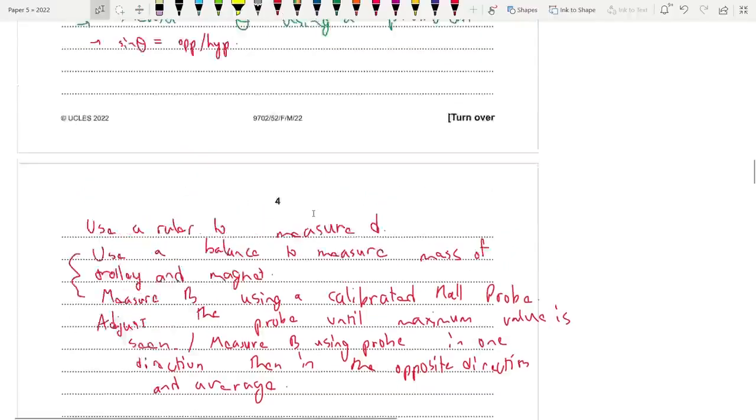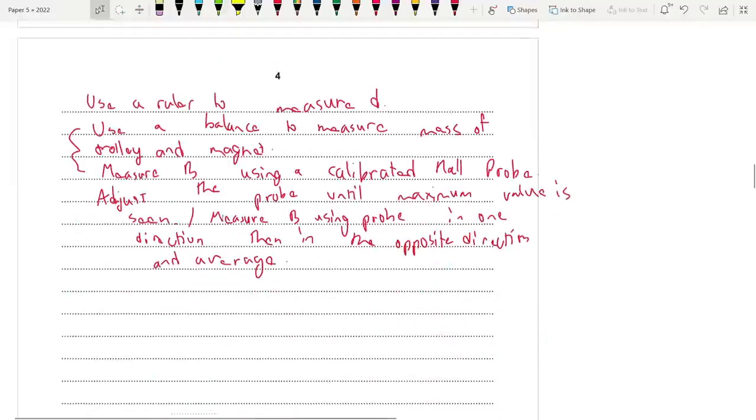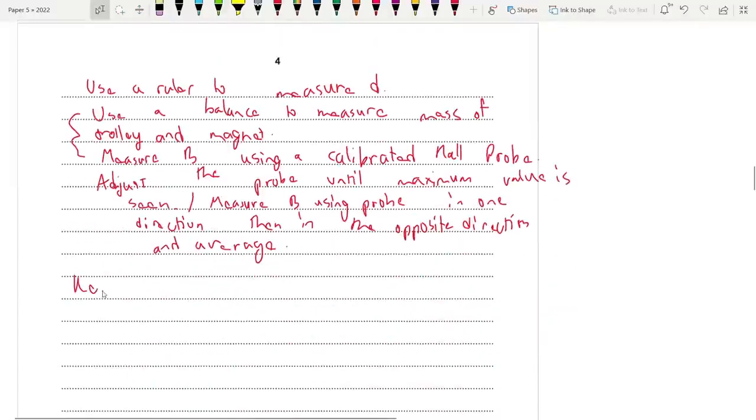Okay, so we also need to ensure that D is kept constant, right? How can we do that? We can actually mark a distance D on the sheet, right? Or the starting position of the trolley on the sheet. Like we could mark this point using a marker or something. So let's write that down.